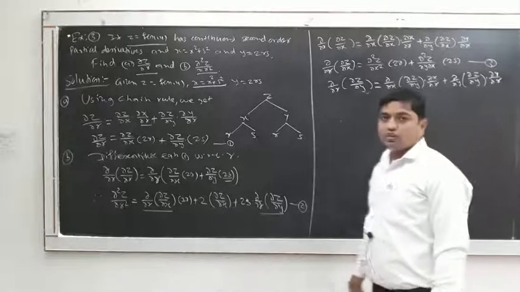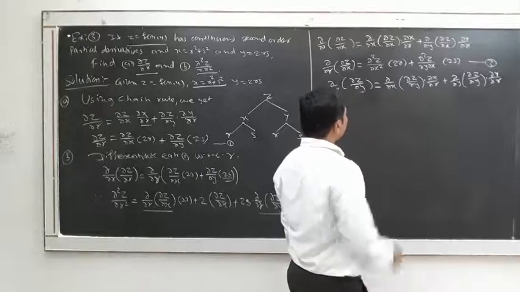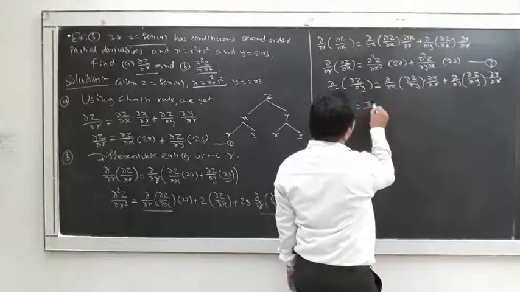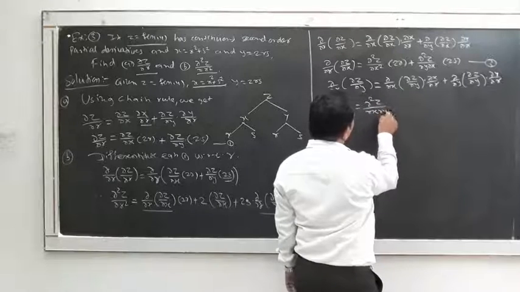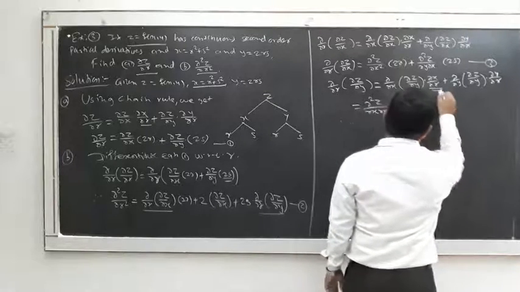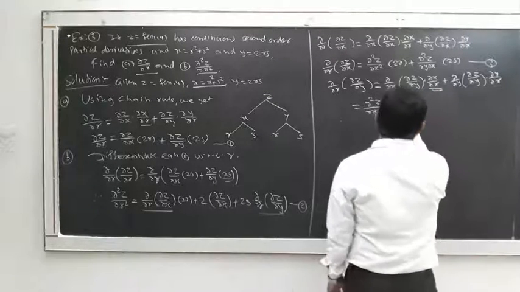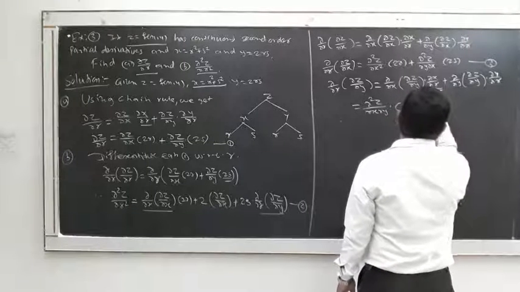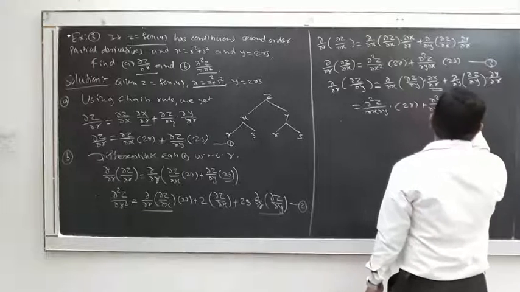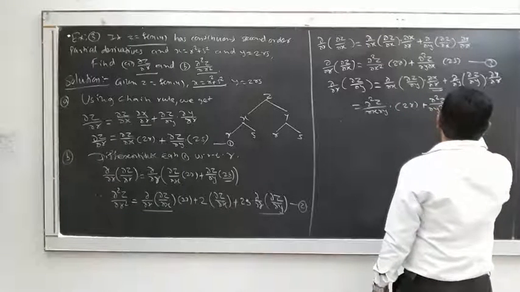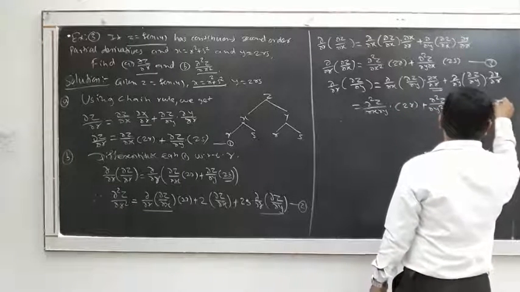Okay, so now just put the values here. This is nothing but ∂²z/∂x∂y into 2R plus ∂²z/∂y² into 2S. This is equation number 4.